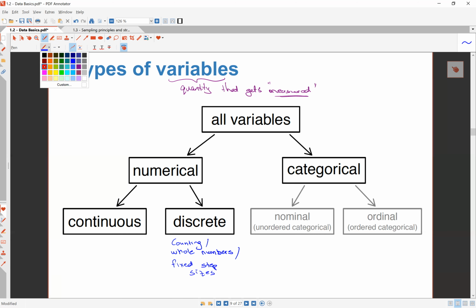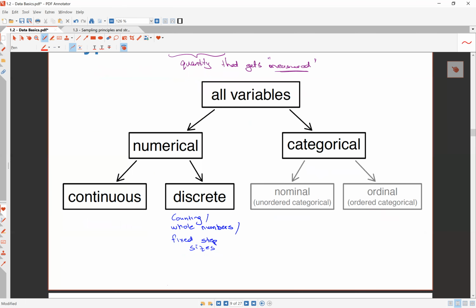So one example could be shoe size. Shoe size happens in half-step increments, 7, 7.5, 8, 8.5. Something else could be the number of siblings that you have.